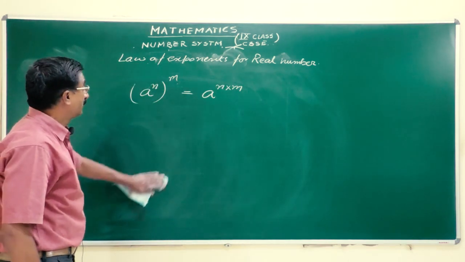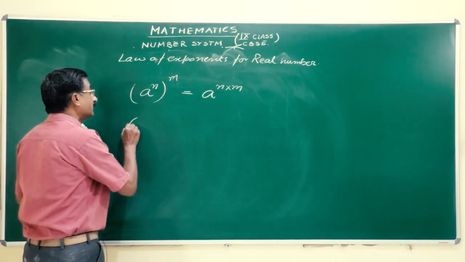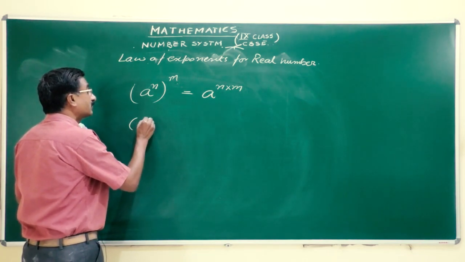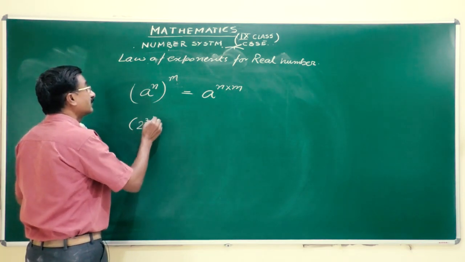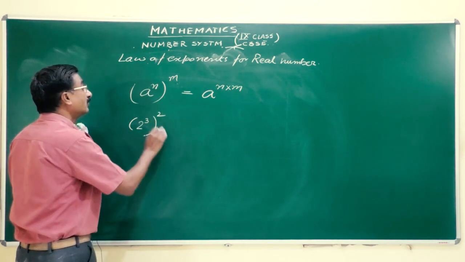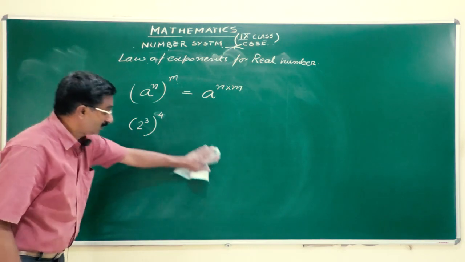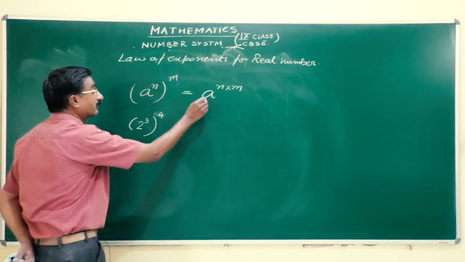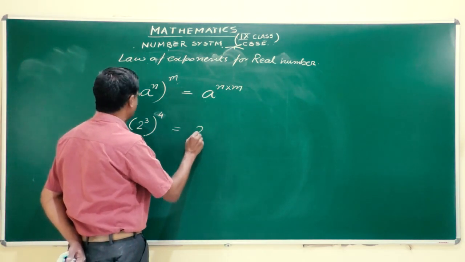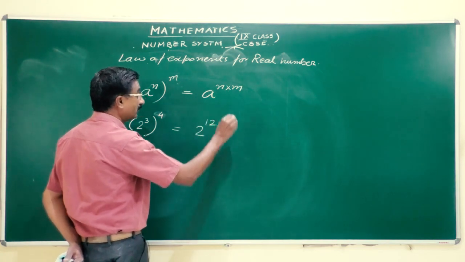Okay? So now here, 2 raised to the power 3 raised to the power 4. By using the identity, this will be equal to 2 raised to the power 12.